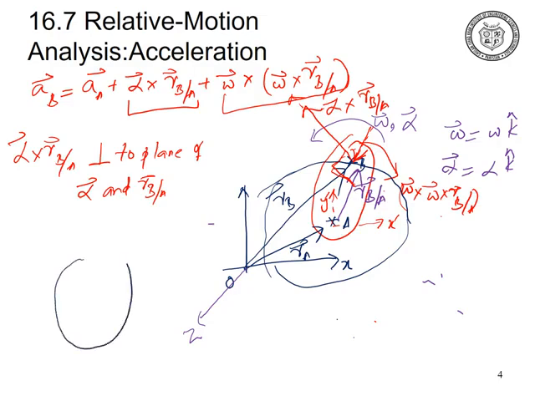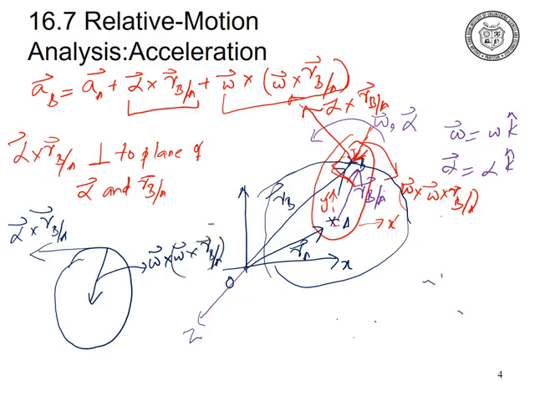So in this trajectory, this will be the direction of alpha cross RB with respect to A, and this inner direction will be the direction of omega cross RB with respect to A.